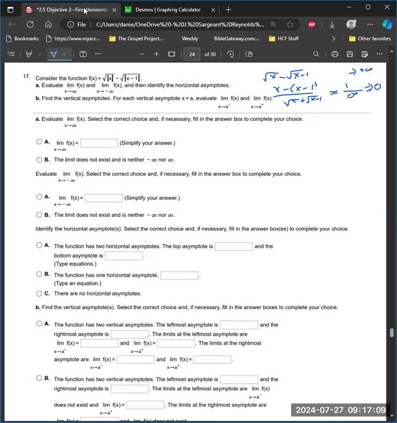It's going to go to 0 on the right-hand side.